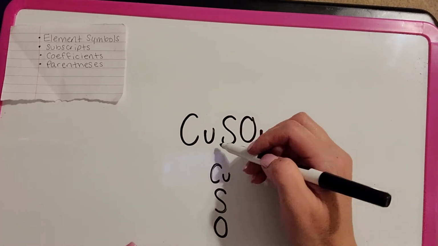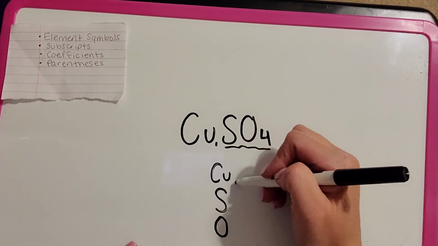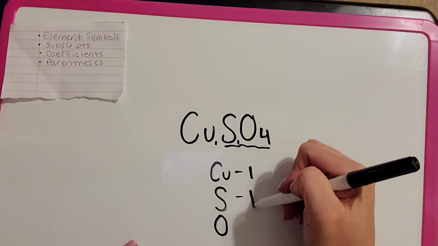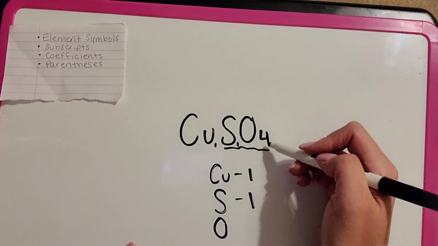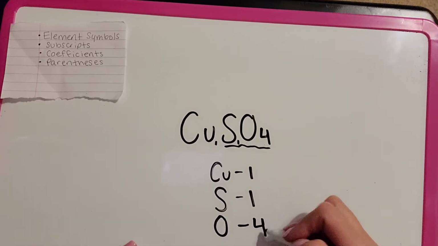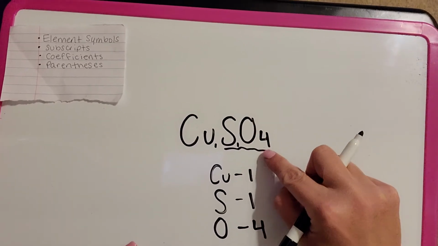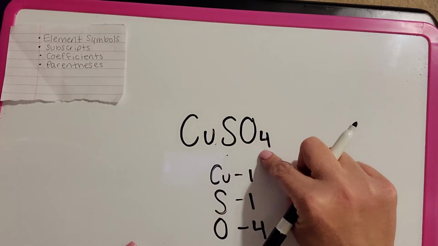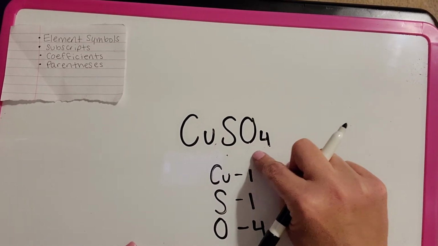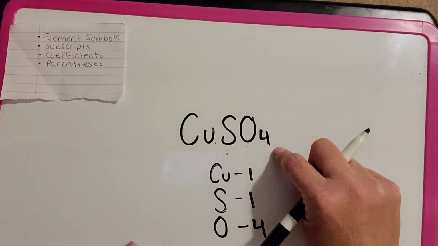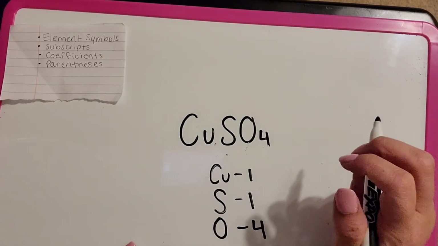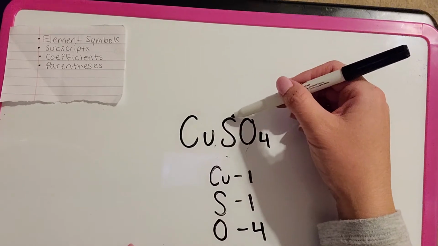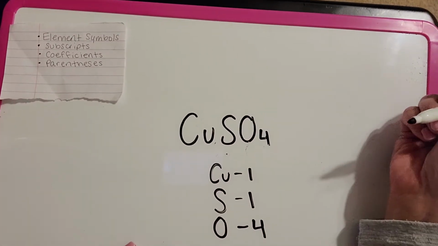But all you need to know now is that copper only has 1, the sulfur only has 1, and the oxygen is the only one that has 4. When there is no parentheses and nothing else, you are only looking at the subscript attached to the 1 chemical symbol. So the 4 is only attached to the oxygen. That's how we figure out how many atoms of each element are in a chemical formula.